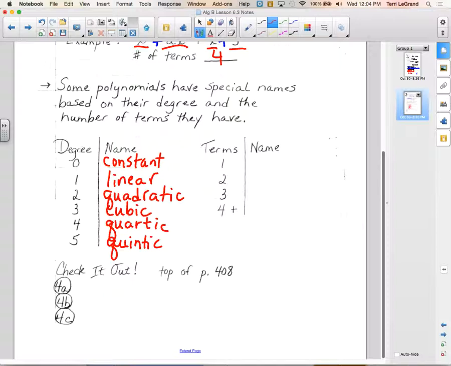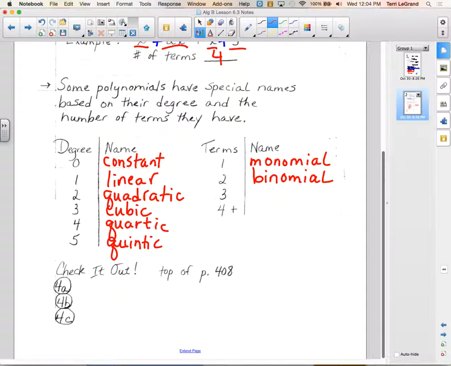But polynomials also have special names according to their terms. A one-term polynomial, we've already learned, is called a monomial. If it's a two-term polynomial, there are two monomials in it, so it's a binomial. If it's got three terms in it, what do you think it's called?